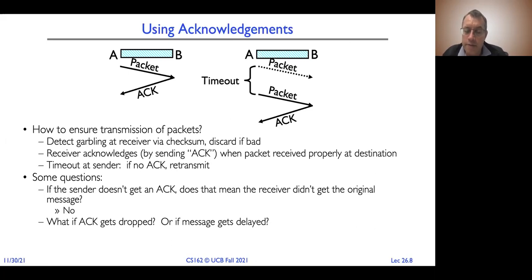And now the receiver gets a duplicate of the packet. So that's why the receiver has to have a way also to differentiate between a duplicate and the original packet. Because if the original packet was already delivered to the destination, to the process, you need to drop the duplicate, right?